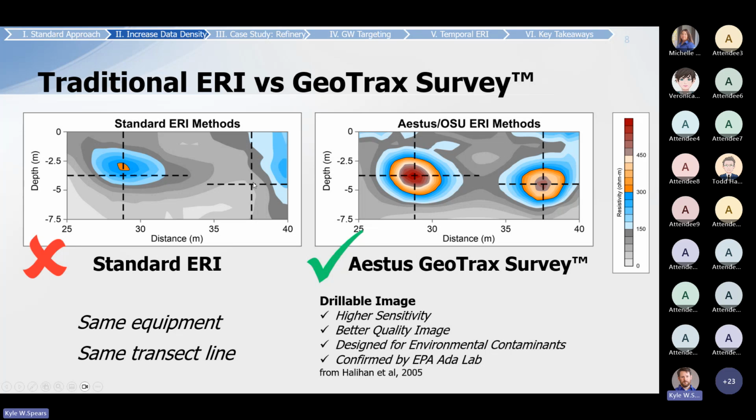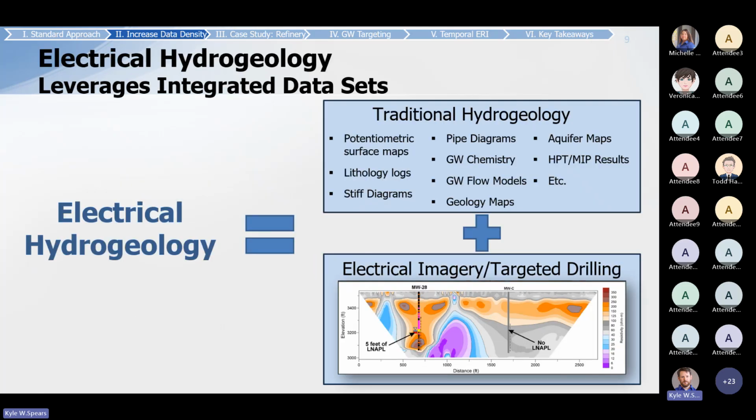Traditional methods were totally blind to this resistor over here. Whereas it did detect this one, it really didn't show just how strong it was. These anomalies were confirmation drilled afterwards and did have gasoline impacts in them. So this demonstrates that the GeoTrack survey is a much stronger approach to getting good scanning data.